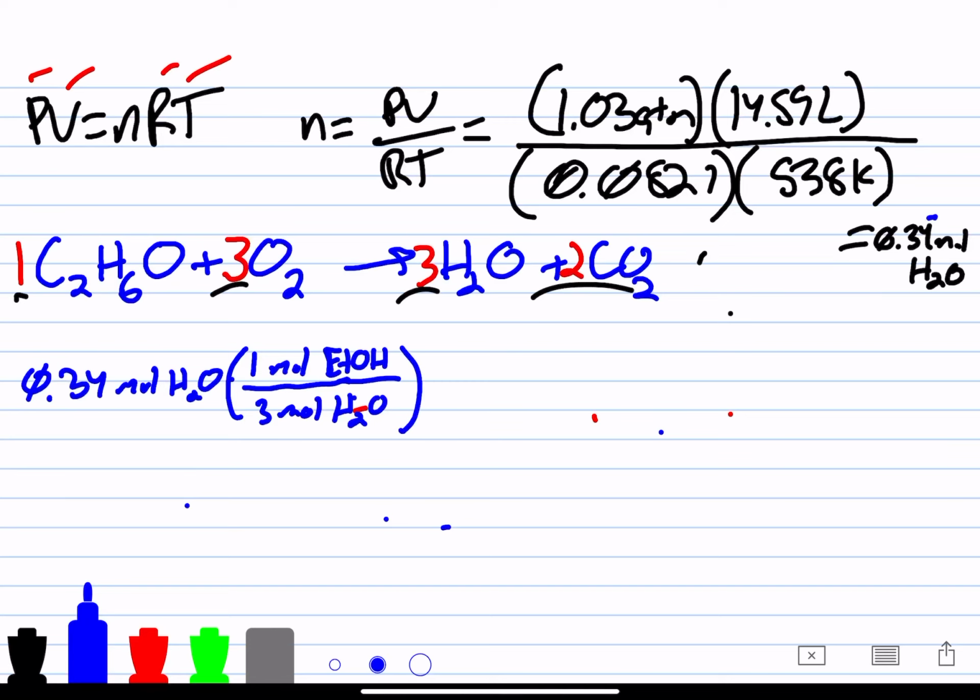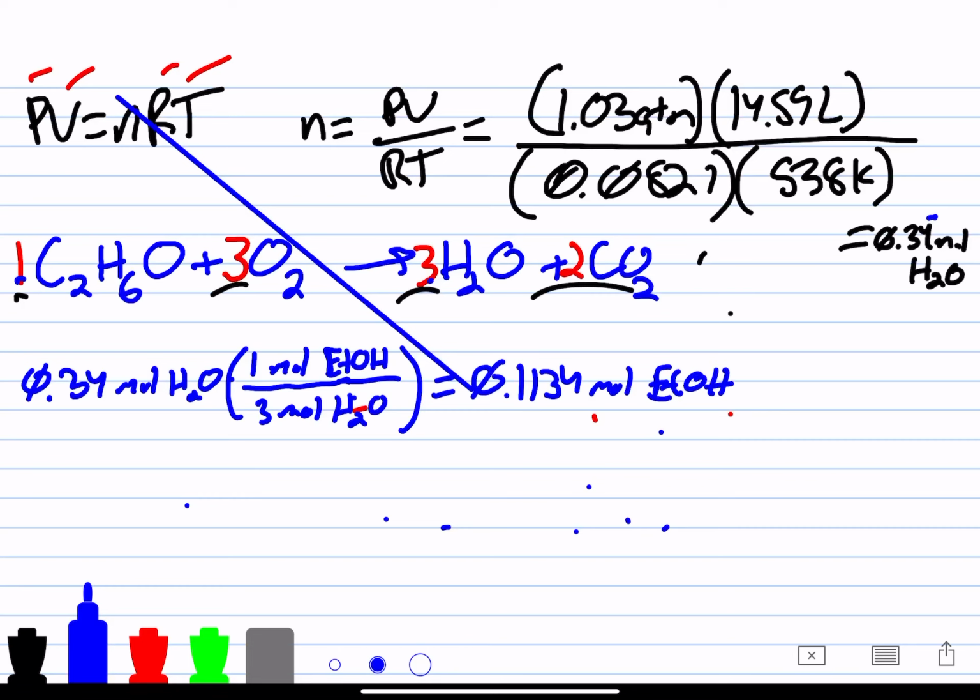And we get that from our stoichiometric ratios, right? 3 and 1. And the 3 goes on the bottom because we want moles of H2O to cancel out. And what we're going to find out is that's going to be equivalent to 0.1134 moles of ethanol. I apologize for this line appearing. I don't know why it keeps doing that, but it does.